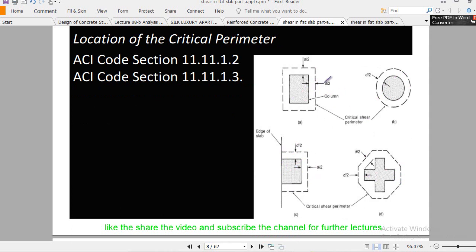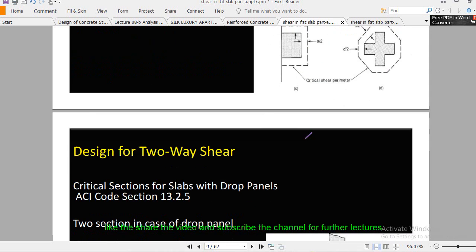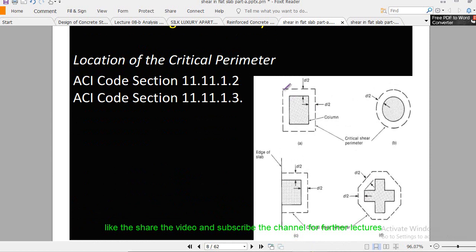I already explained these criteria in those lectures, so go and watch. Okay, basically you must remember this is the critical parameter or critical section, which in the case of punching shear occurs from the face of the column at a distance of d/2 on both sides.